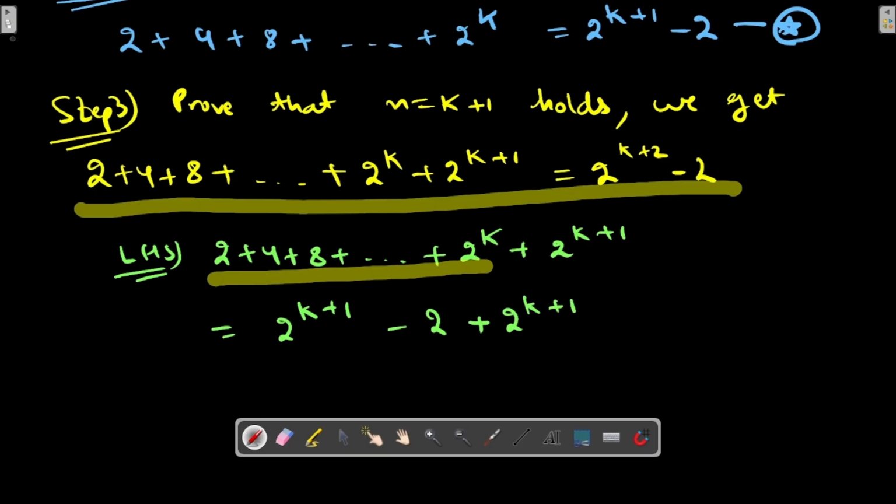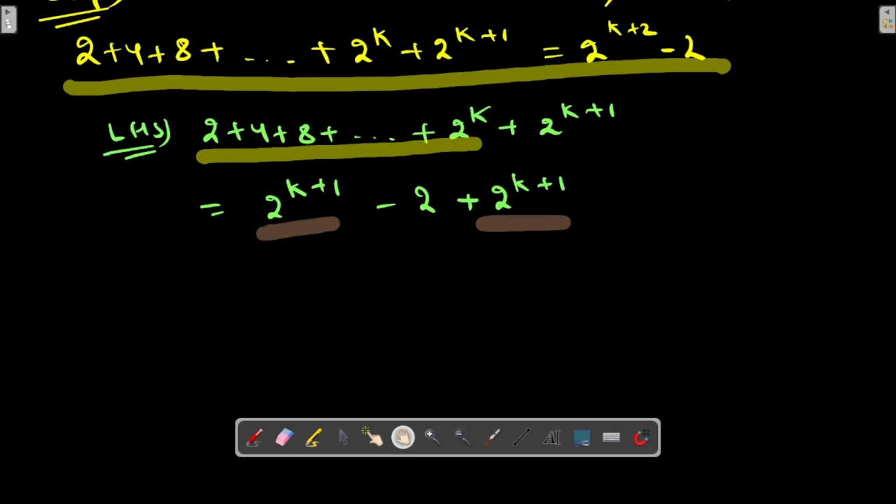Just have a look. You have 2 to the power of k plus 1, and 2 to the power of k plus 1. So these two terms are there, right? Just think of it as a variable: 1 times x plus 1 times x. It will be 2x. Similarly, this will become 2 times 2 to the power of k plus 1 minus 2, meaning I have 2 of these kind of terms.